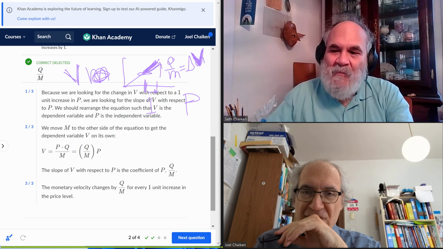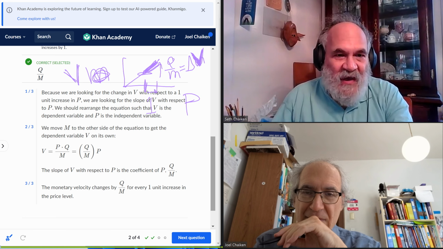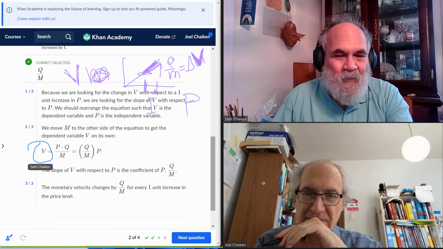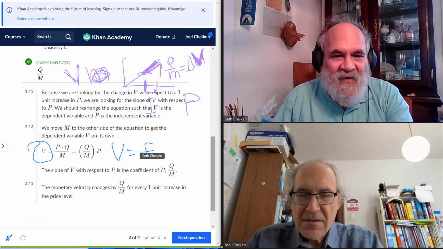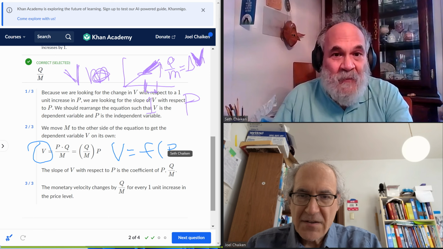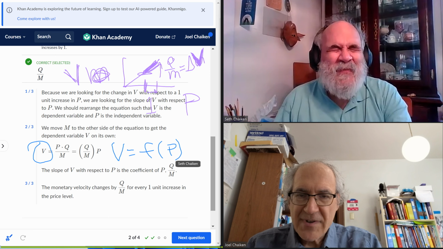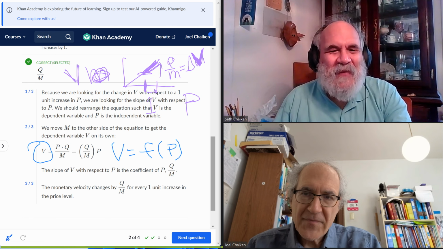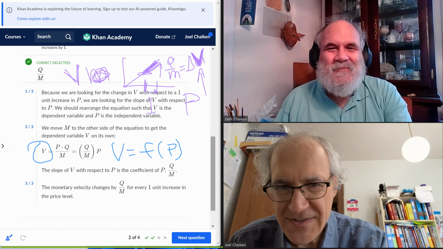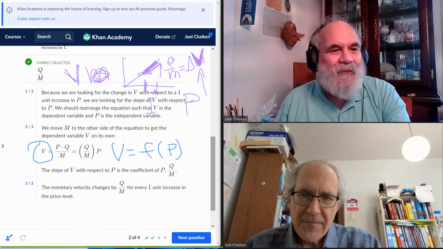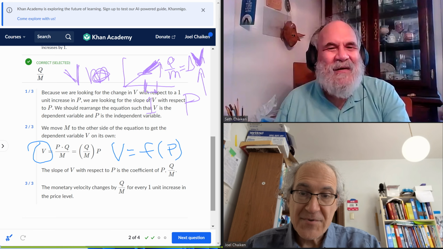So the change in V. V is our linear function of P. So now we're showing different ways to think about it. When I was looking at this, I was getting confused myself. Anyway, that's a good way to do it. Very conceptual, though. Very abstract.